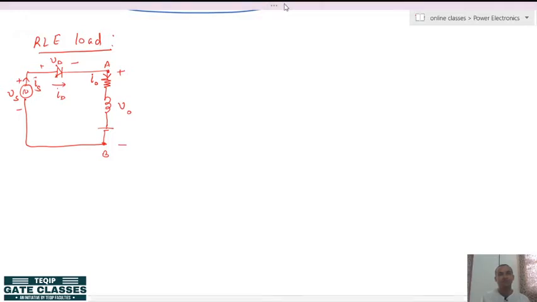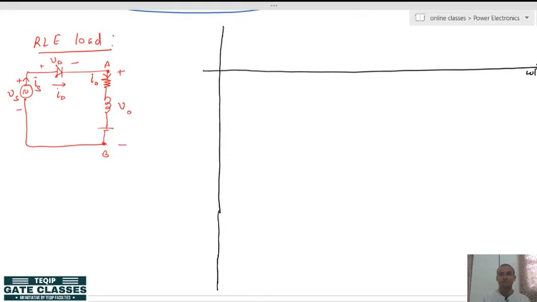So now let's start with the waveforms. So this is my source value.